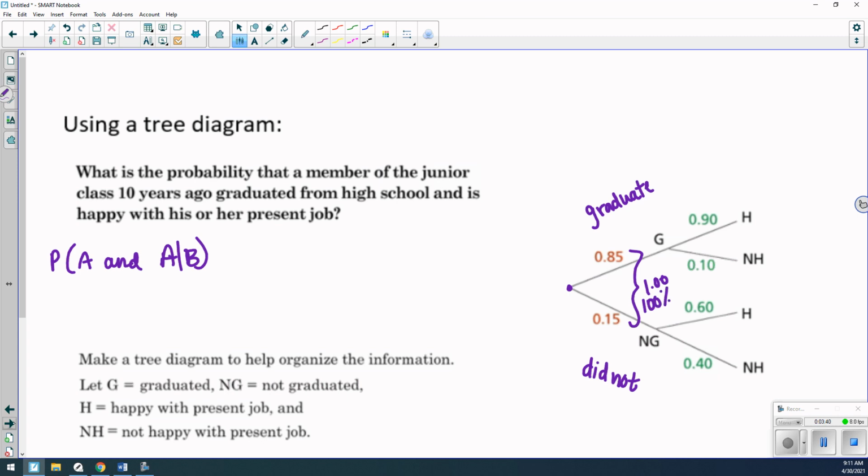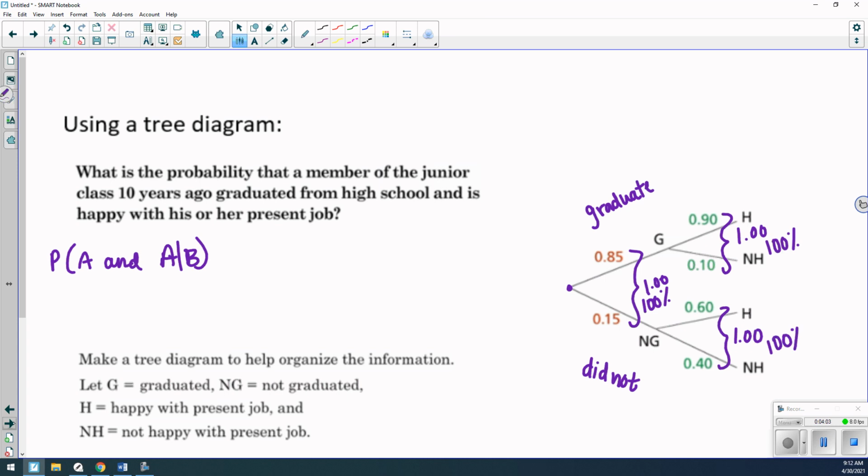Now, of the students who graduated, some were happy and some were not. Again, notice that that adds up to 1, equating to 100% of the members of that branch. And then down here, 0.6 and 0.4 also adds up to 1, or 100%.